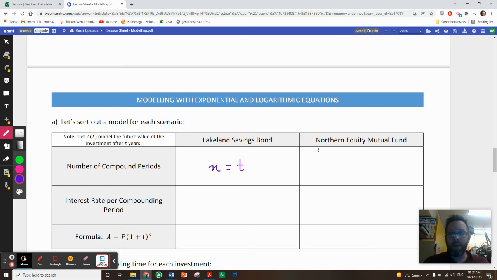When we're compounding semi-annually, which means twice per year, the number of compounding periods is not the number of years. It's 2 times the number of years. And if it was monthly, it would be 12 times the number of years. It just depends on the context of your question. So why 2? It's because interest is compounded semi-annually.